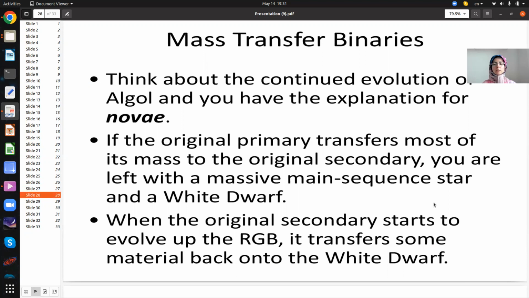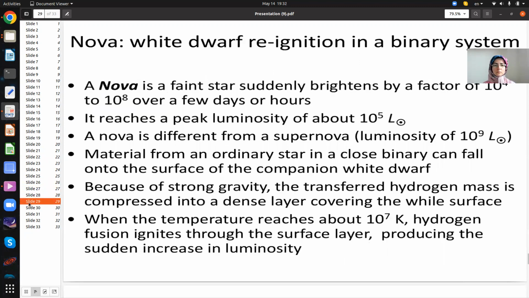When the original secondary starts to evolve up the red giant branch, it transfers some material back onto the white dwarf. White dwarf reignition in a binary system.